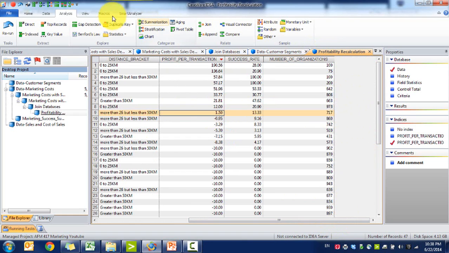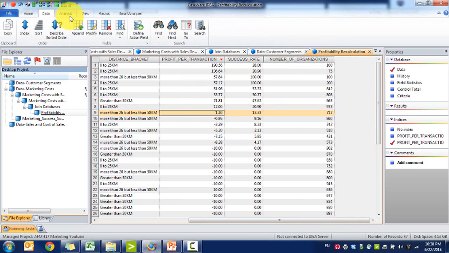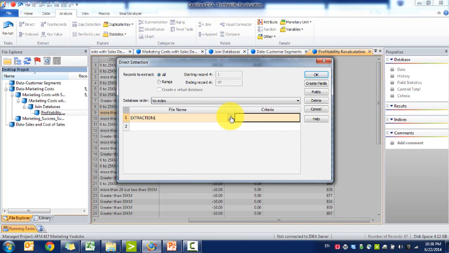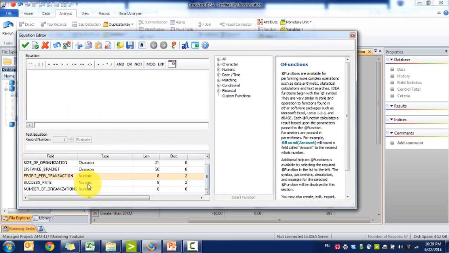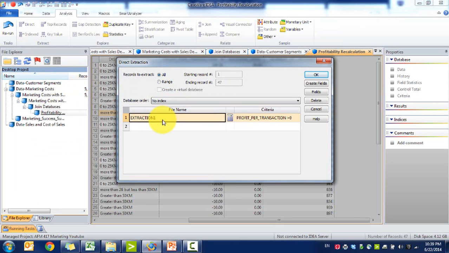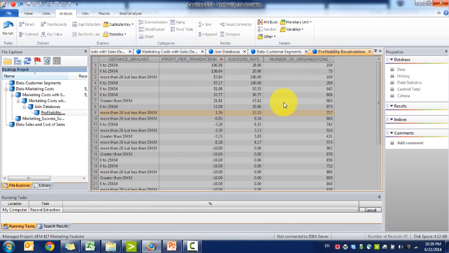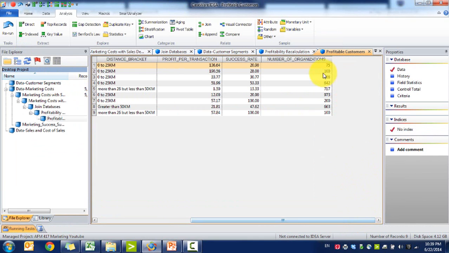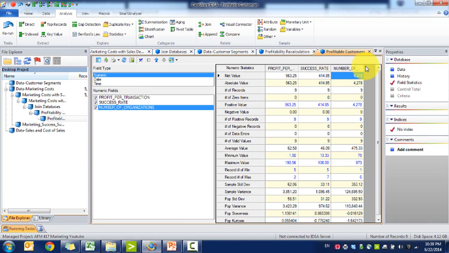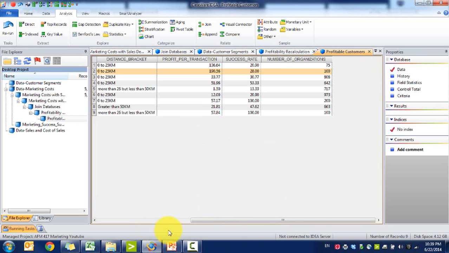And actually the easy way to determine whether or not we need to do anything further is we can do extraction. We can say if profit per transaction is greater than 0, then we'll go profitable customers. And if we run field statistics, what we'll see here is that we actually have 4,278. So really, this is less than what we originally marketed, so we don't need to do any constraint analysis.